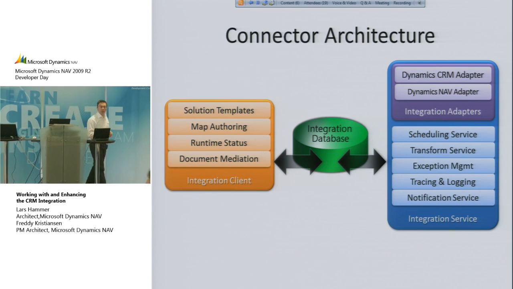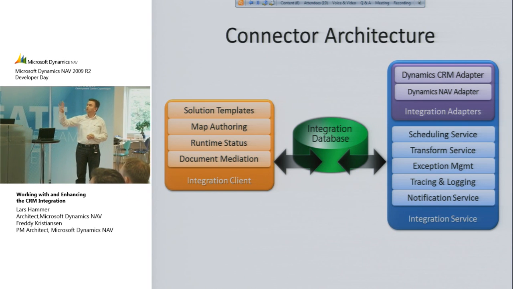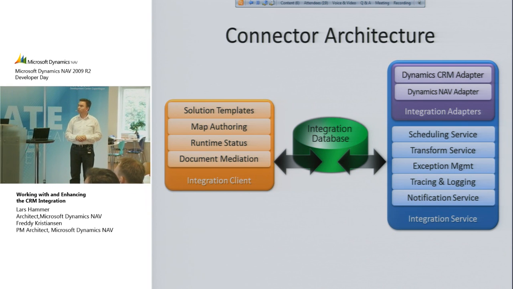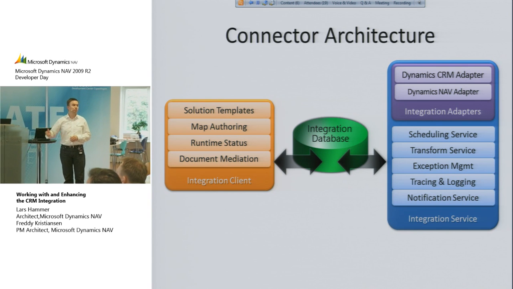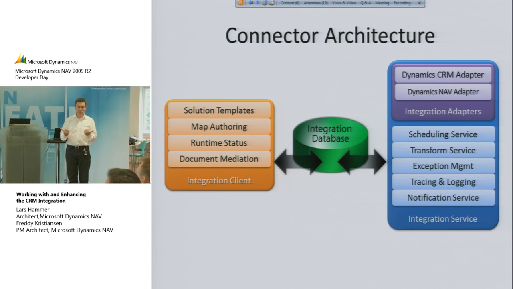If we look at the connector itself, I already said that it centers on a database. It's got an integration service, which takes care of the runtime tasks of making the systems talk to one another. That's where the adapters are hosted, and you need at least 2 adapters, in this case for CRM and for NAV.